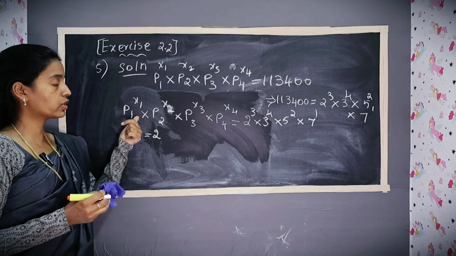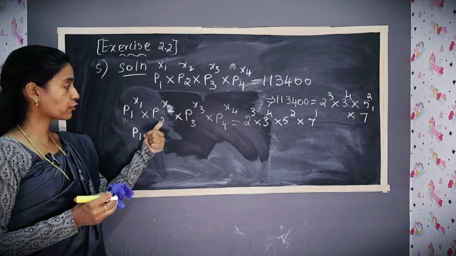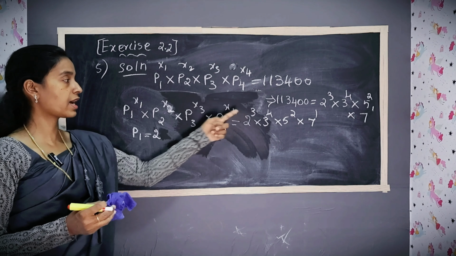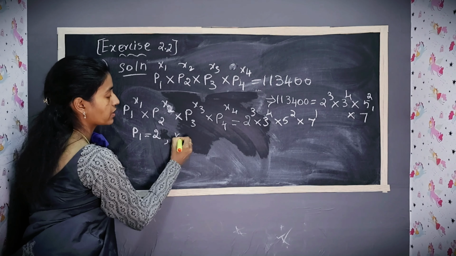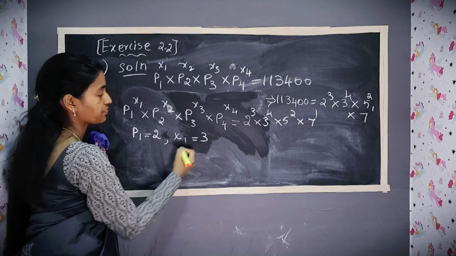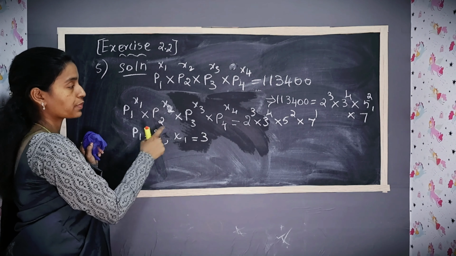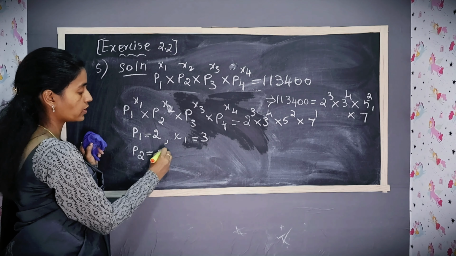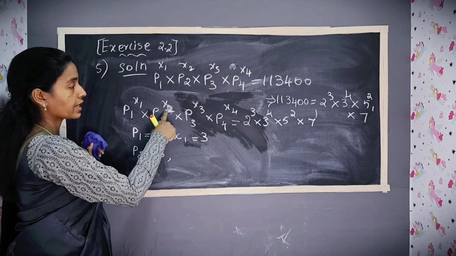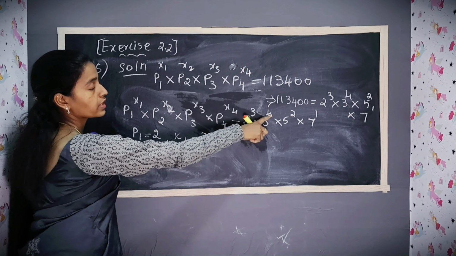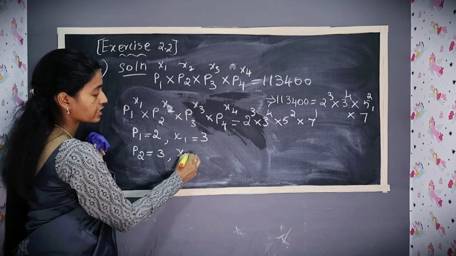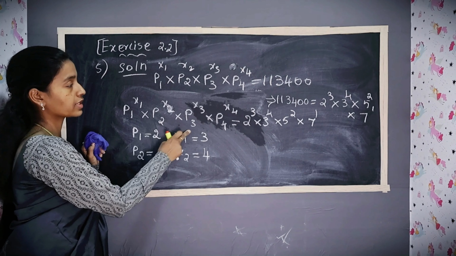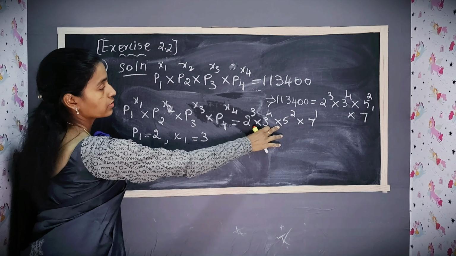In place of x1 we are having 3, right? So we can write x1 equals 3, and in place of p2 we are having 3. So we can write p2 equals 3, and in place of x2 we are having 4. So we can write x2 equals 4. And in place of p3 we are having 5, right?